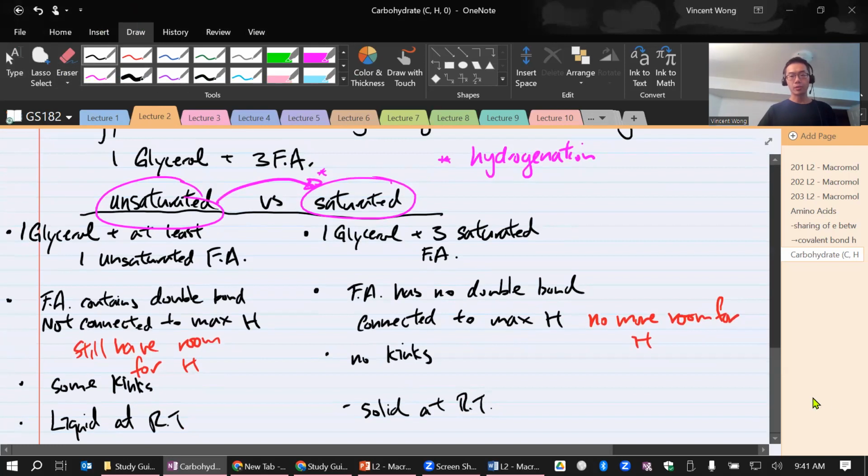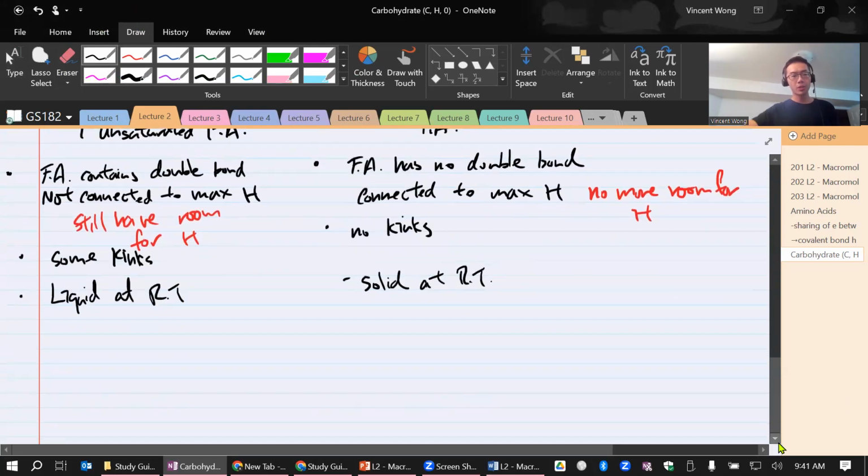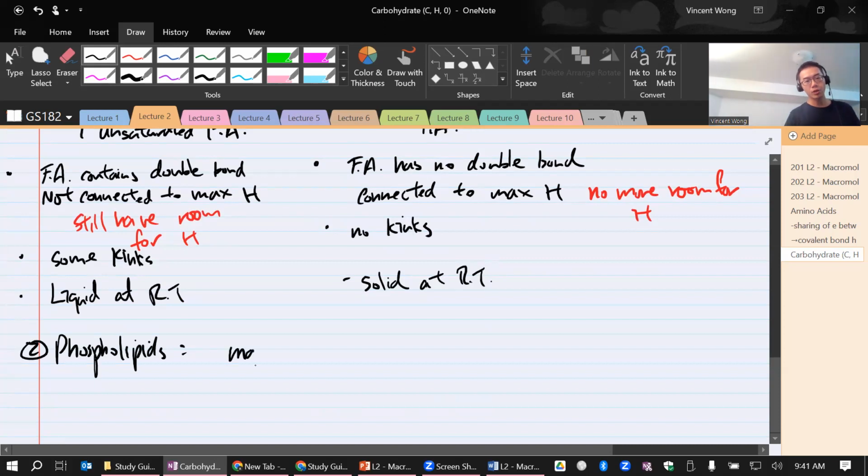Okay, so that's triglyceride. We also have phospholipid. Phospholipid. So this is a major component of the cell membrane.